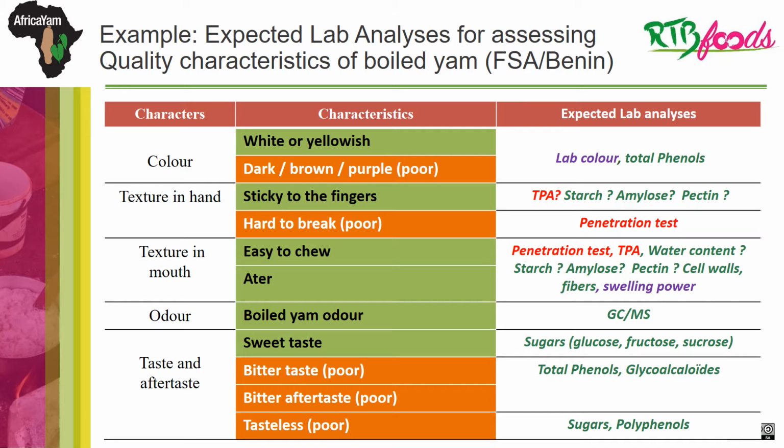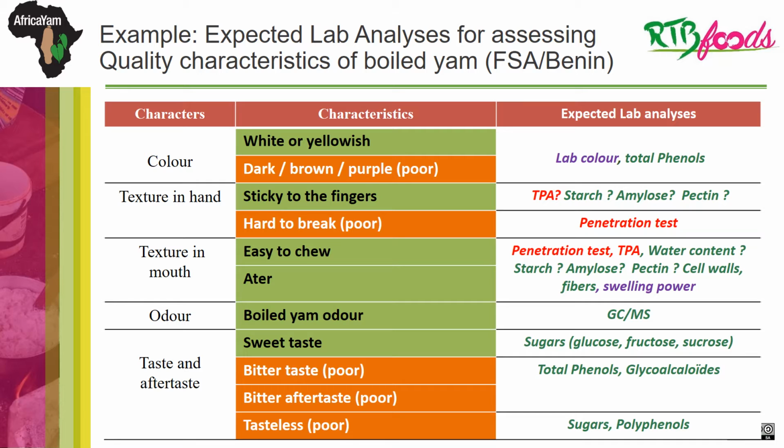In the case of texture, you can directly measure texture by instrumental penetrometry, for example, or TPA, or also you can try to measure starch content, amylose content, and pectin content, for example, to see if there is a relationship between these candidates and the texture in hand or in mouth, measured by sensorial or by textural analysis.